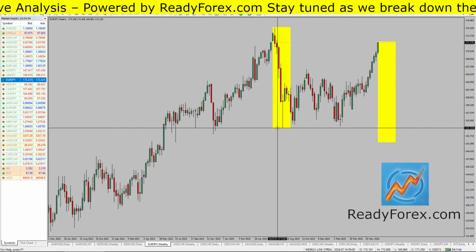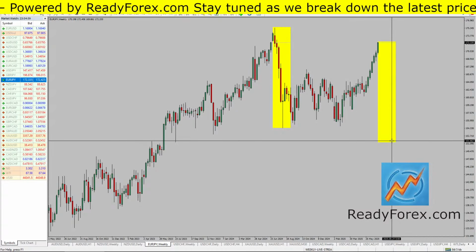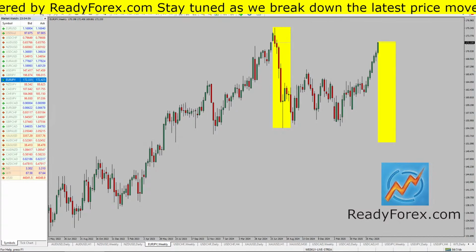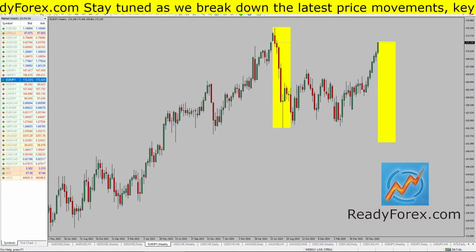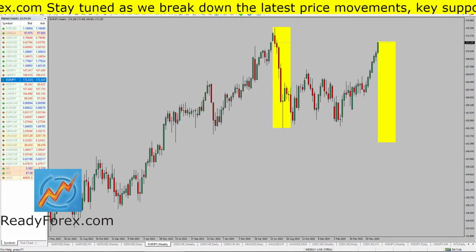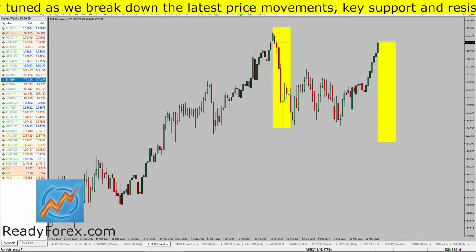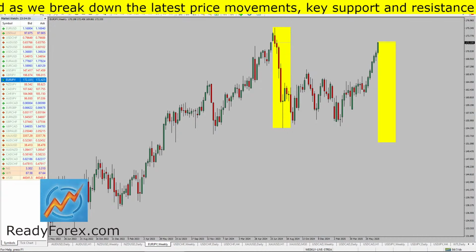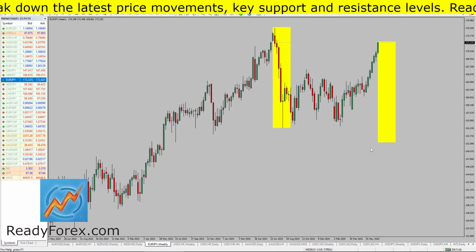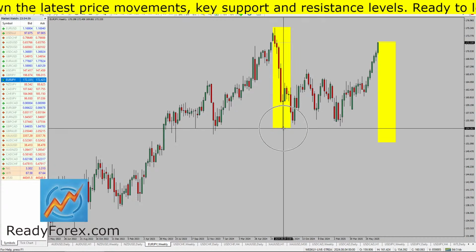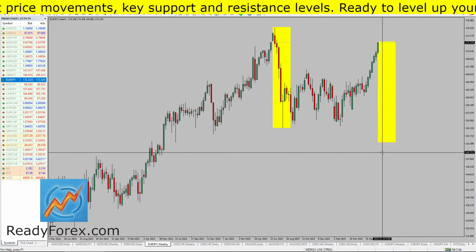So I would say this is bearish wave A, bullish wave B, and expect bearish wave C.